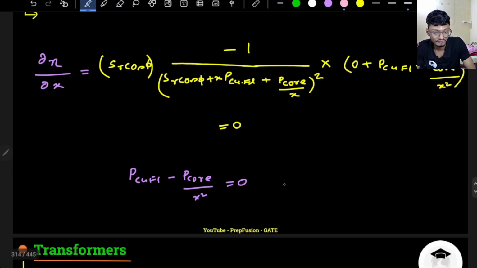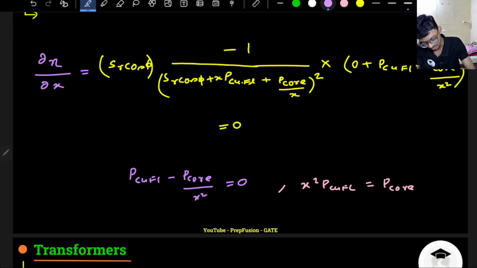So from here we get a very good condition that my x square into P_CUFL must be equal to P core. Basically what this means is, what is x square into P_CUFL? It is the copper loss at that particular load. So it is the variable loss.